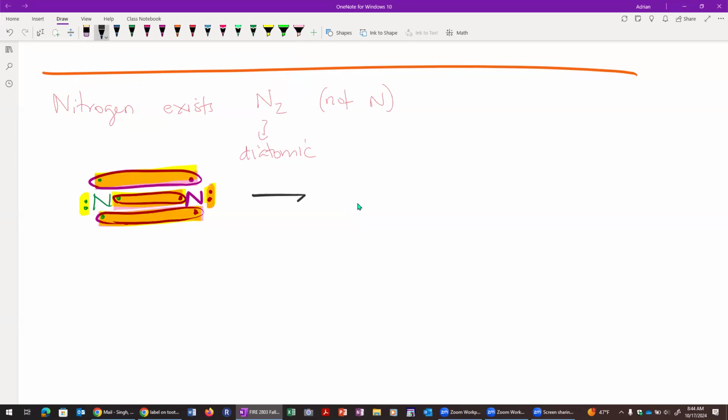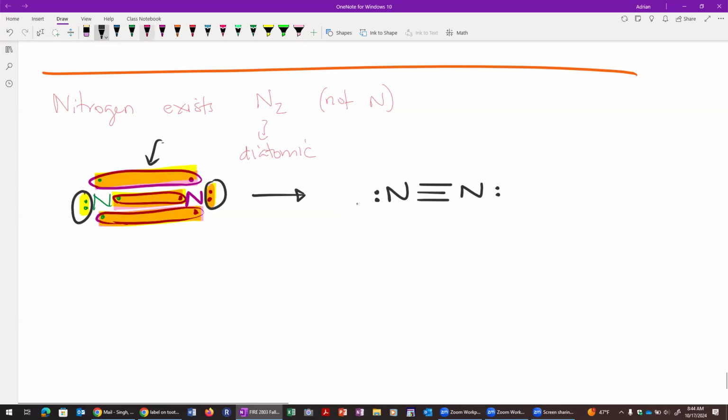So the way that we would represent that would be an N connected to the other N. And now I have 3 pairs of electrons, so 1 pair, 2 pairs, 3 pairs of electrons between them. And I still have my non-bonding or lone pairs left over to account for the octet on the nitrogens.